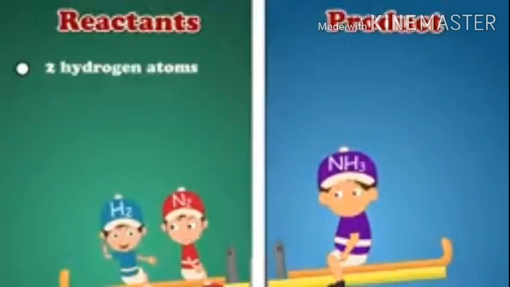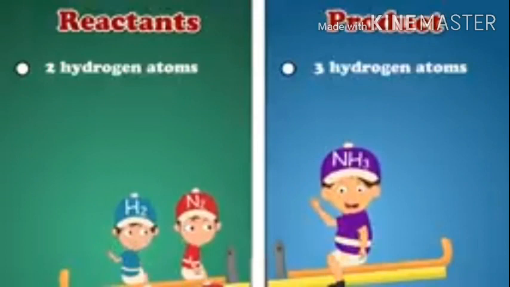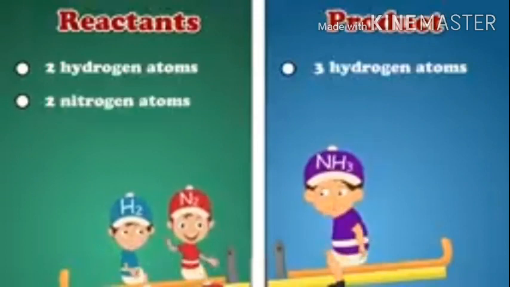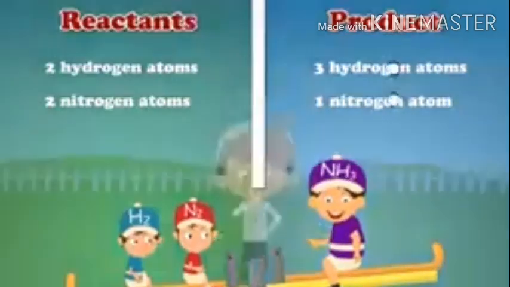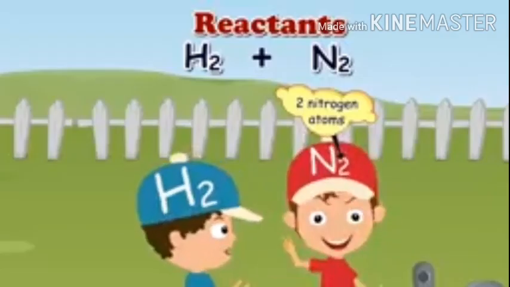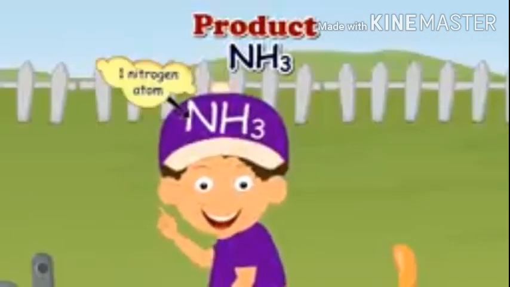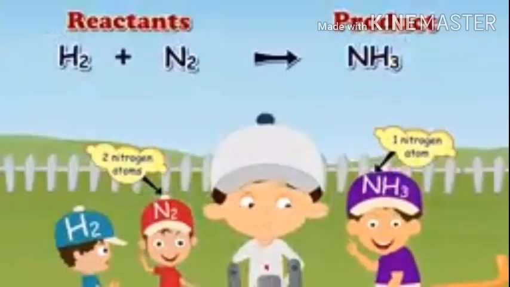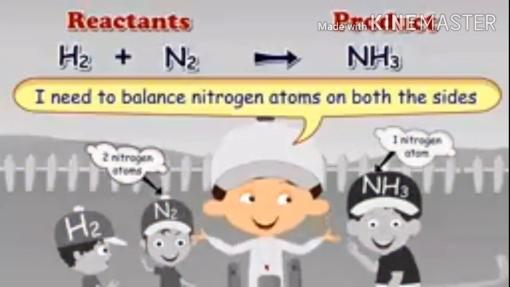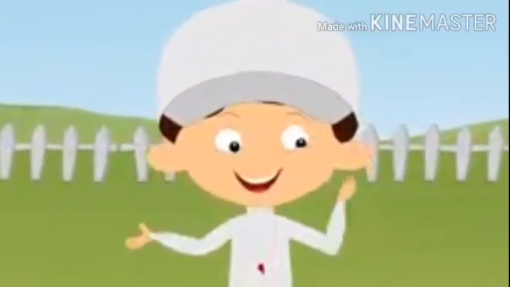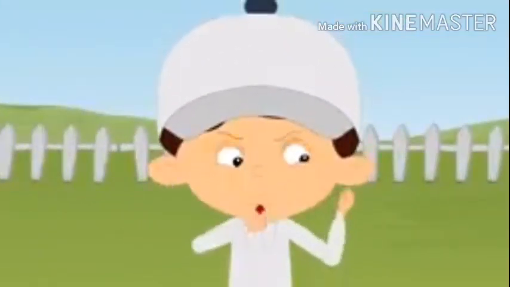You can observe on the reactant side it contains two hydrogen atoms and two nitrogen atoms, whereas the product side contains three hydrogen atoms and one nitrogen atom. I need to balance nitrogen on both the sides, but how? I can add a molecule of ammonia on the product side.